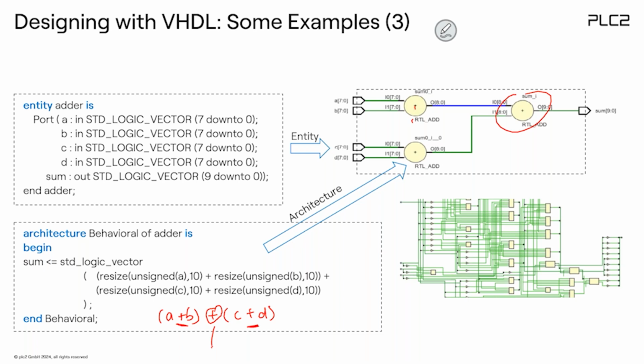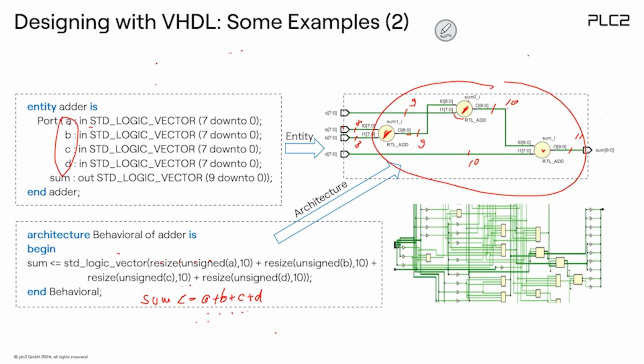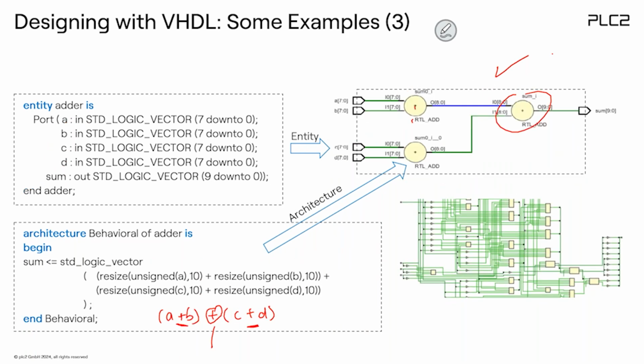So sometimes this structure is of advantage, but sometimes that structure could be of advantage, depending on the timing relationship of all of your signals. But you can influence this if you like.